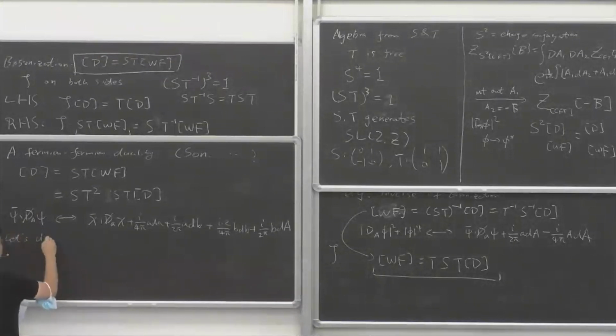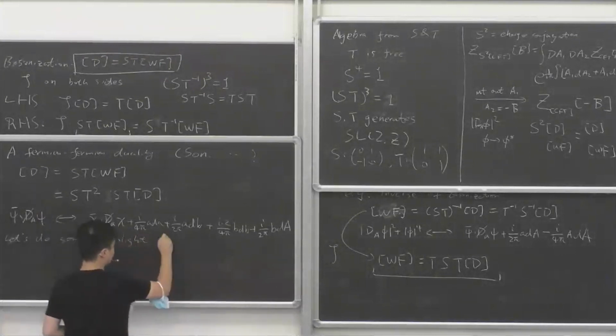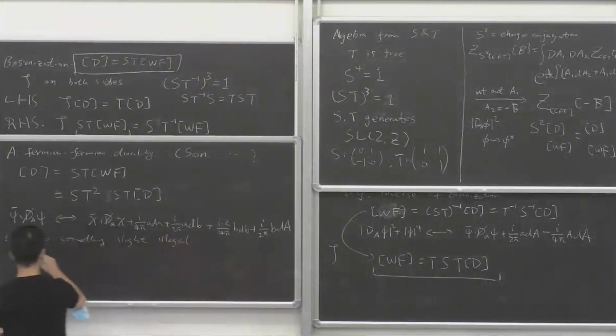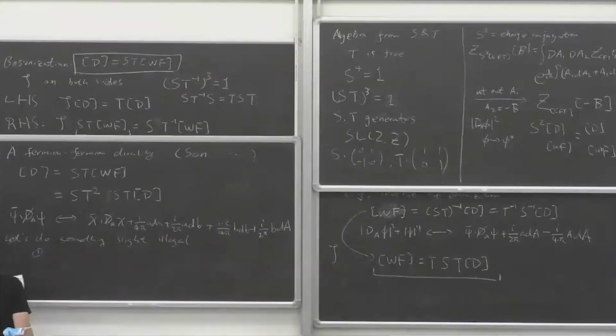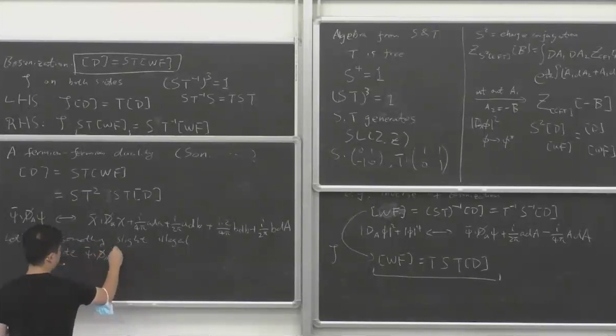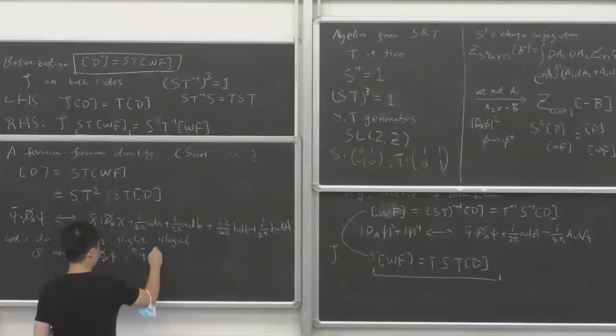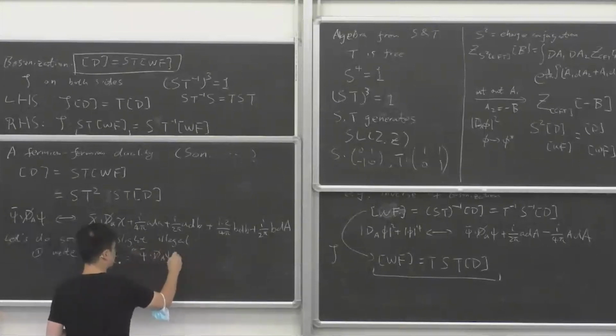There are two things. One is just write this Dirac fermion in a more conventional sense, which is as, let's make the half-level Chern-Simons response manifest.